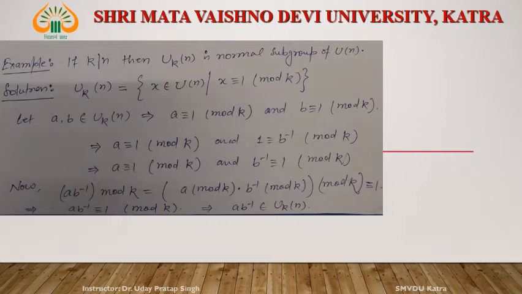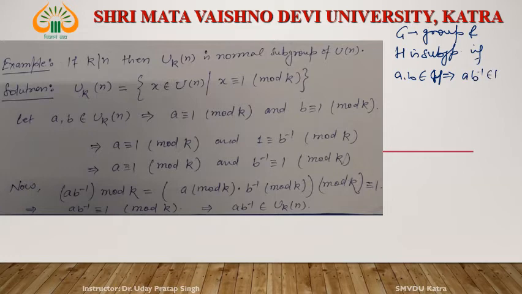For a subgroup, we know that if G is a group and H is a subset, and if a, b belong to H implies a b inverse belongs to H, right? If this property holds, then H is a subgroup of G. This theorem we already proved in the previous lecture.